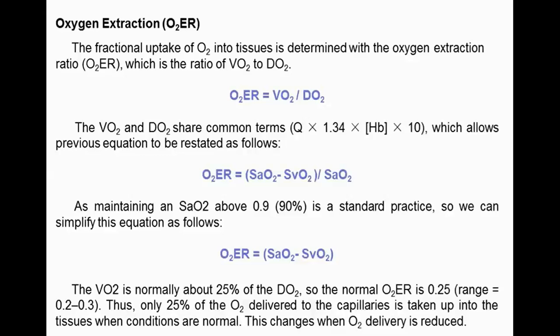So what is the perfusion status of this patient? Oxygen extraction will be how much? 65, and the arterial is 100. 100 minus 65, so it will be 35. Is it normal or increased?